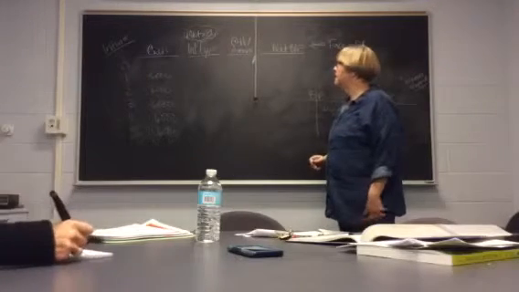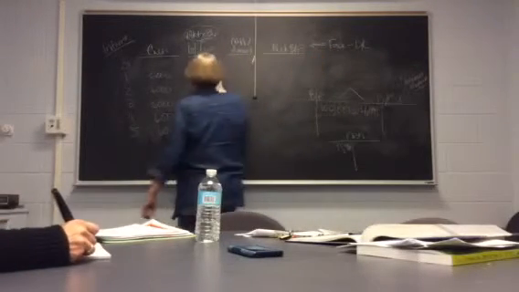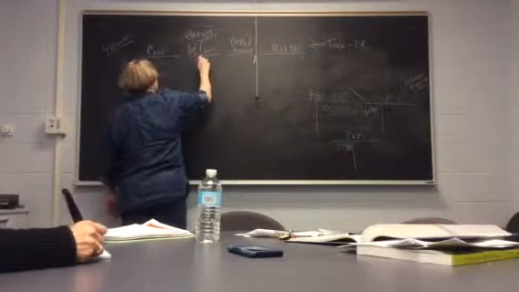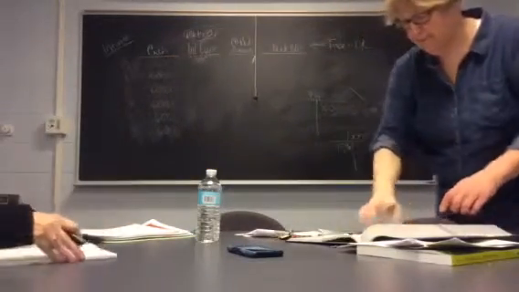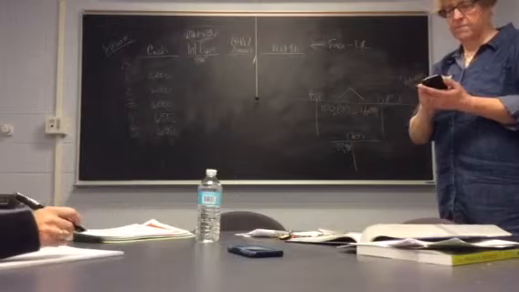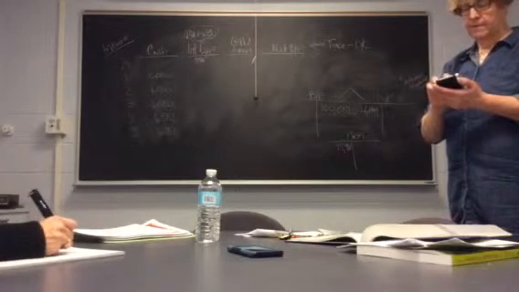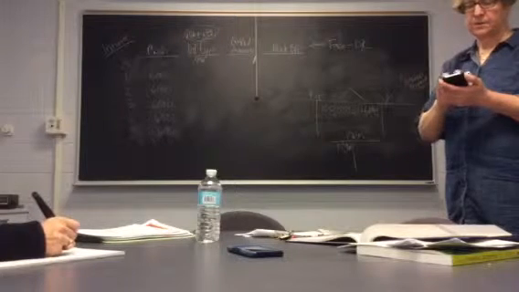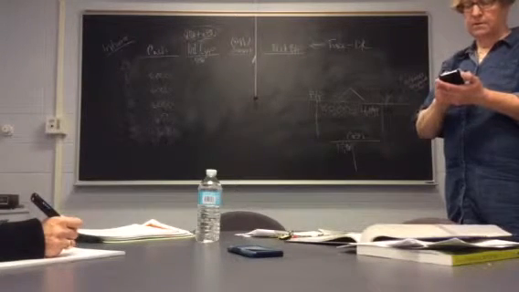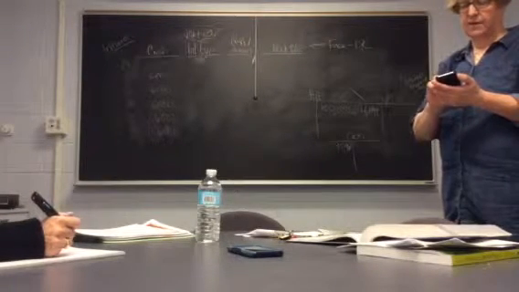Okay, so what that means is 7% of 95,901. 0.07 times 95,901.